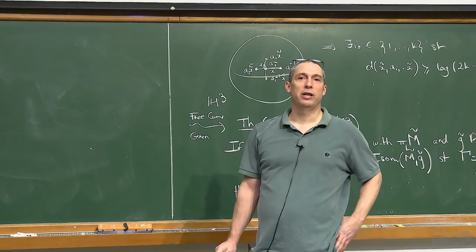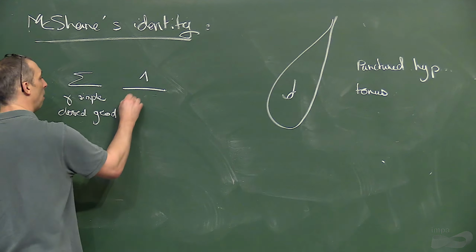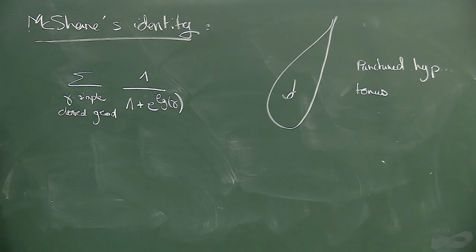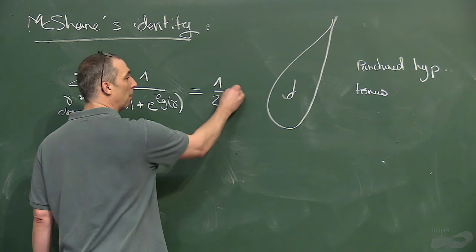You take the sum over the simple closed geodesics living on your punctured hyperbolic torus of 1 over 1 plus the exponential of the length of this closed geodesic, which is minimal in its own homotopy class. And then you have that this is equal to 1/2.